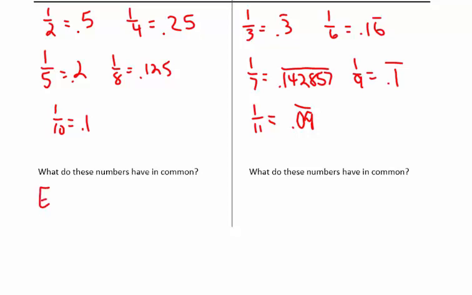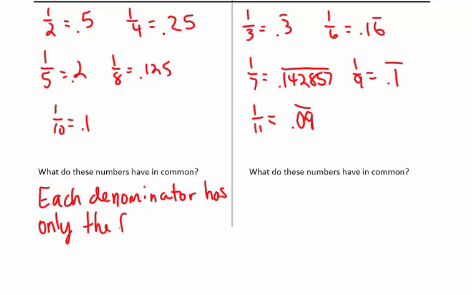So each denominator over here has only the factors of 2 and/or 5. You don't need both. But they have no other factors in their denominators place.